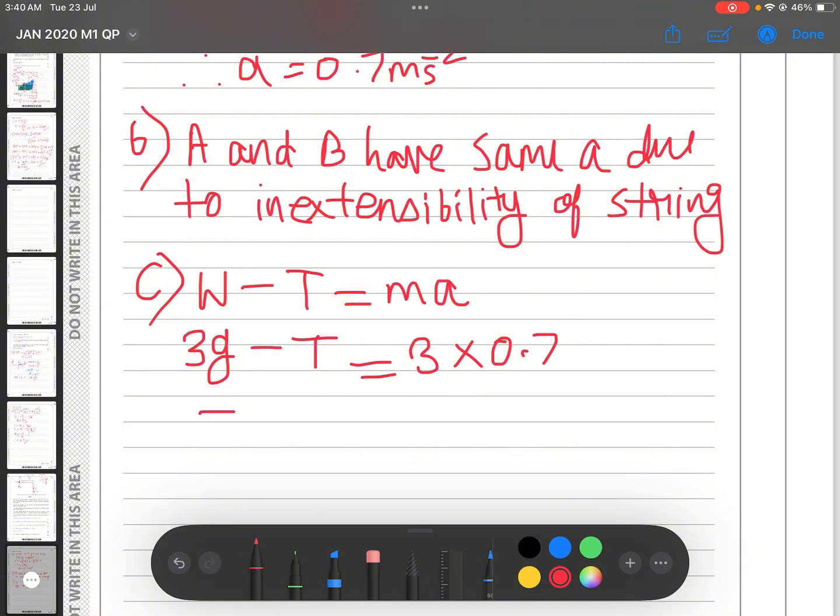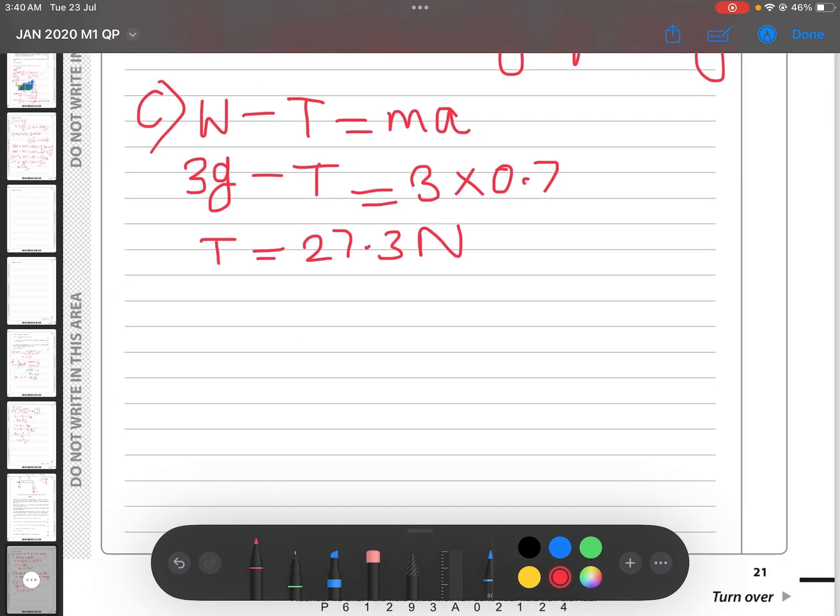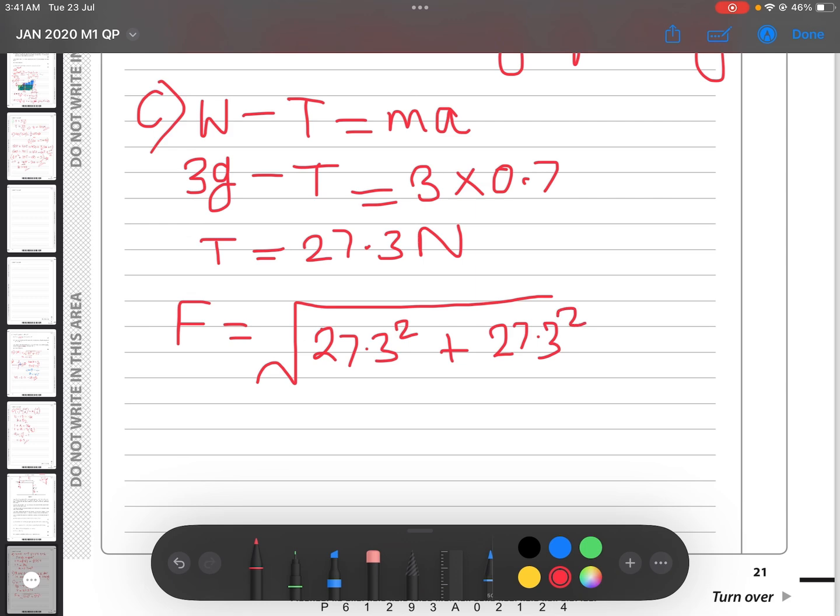Simplifying this, we get the tension is equal to 27.3 Newtons. Now, to find the resultant force acting on the pulley, we are going to do F equals root of 27.3 squared plus 27.3 squared, which is equal to 38.6 Newtons.